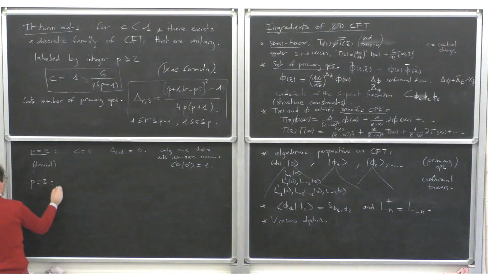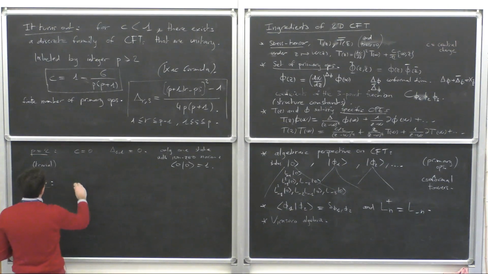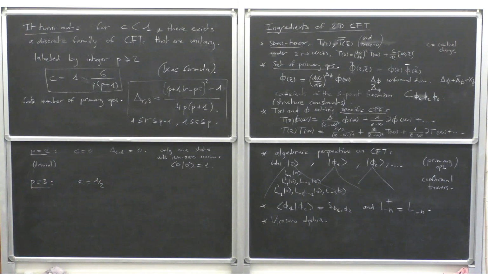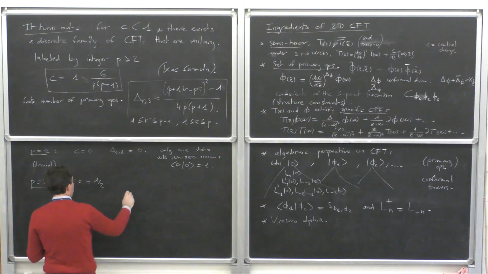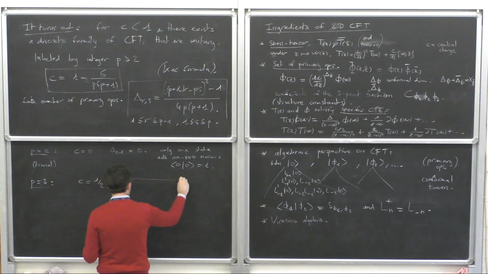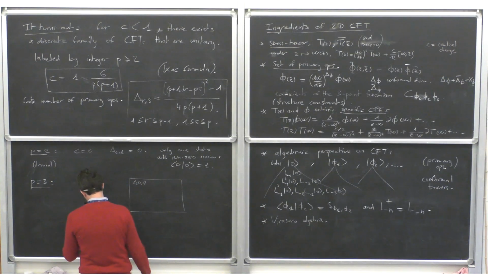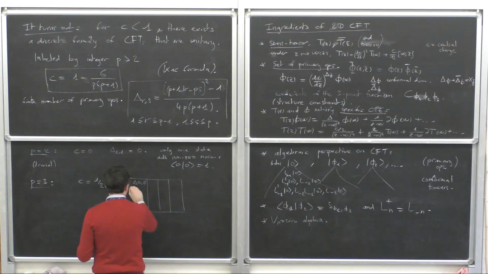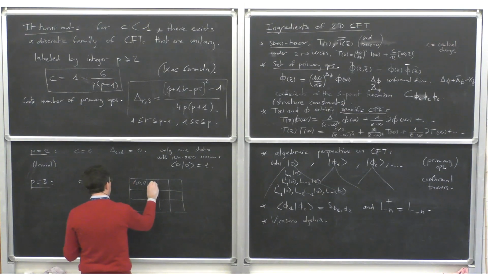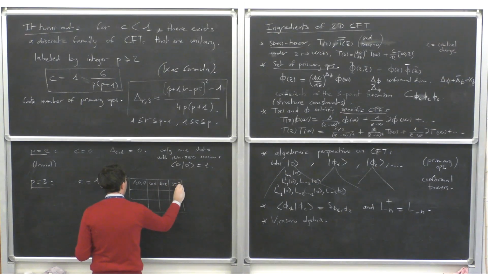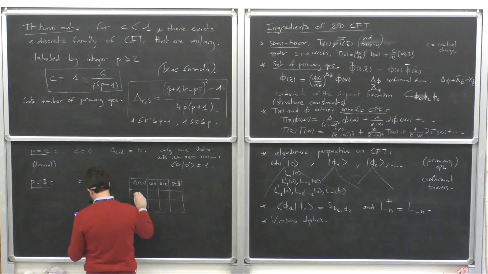But now if you look at p equals 3, plug p equals 3 into these formulas, and then you find that c equals 1/2, okay, that's already less trivial, and you find that there's this table of delta r,s with 3 columns, s equals 1, s equals 2, s equals 3, and r equals 1 and r equals 2.